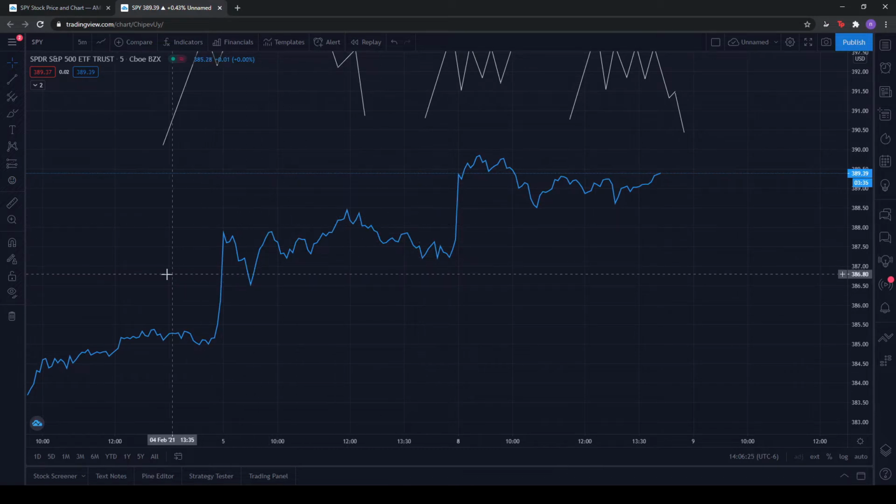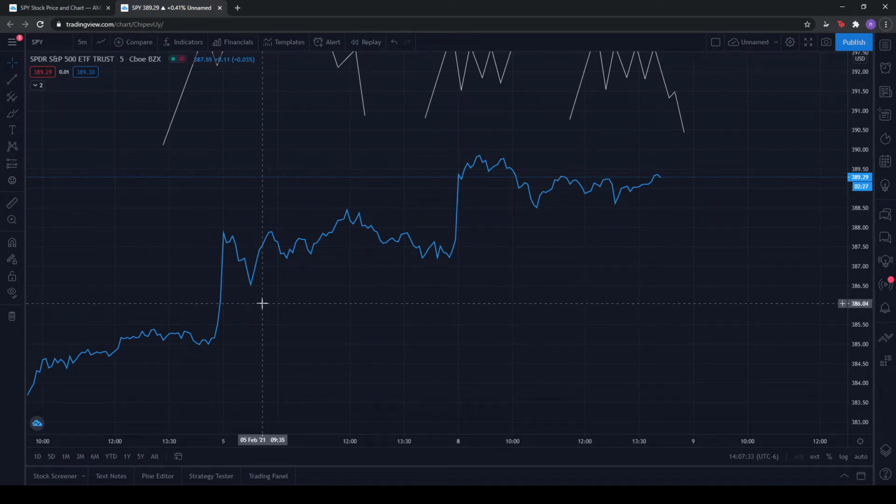The bigger thing is that as traders, we really want to use as much data as we can in order to influence when we want to get into a stock, if we want to get into a stock, and when we want to get out. I know I'm talking a lot about candlestick charts and why I like to use them better than a line chart, but don't get me wrong, a line chart can be helpful just to see an overall trend.